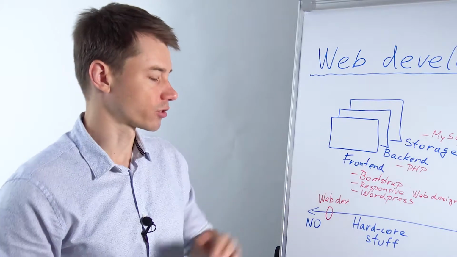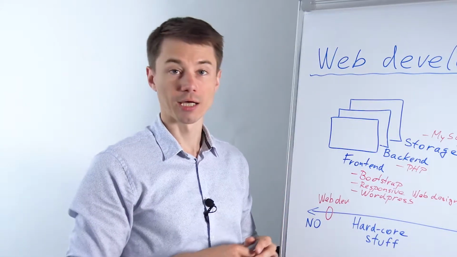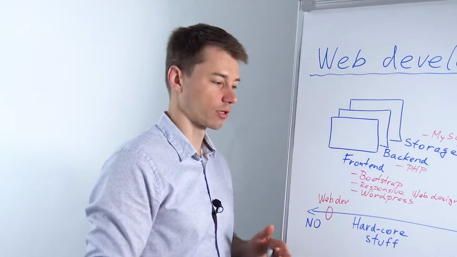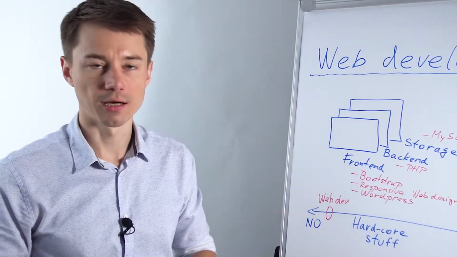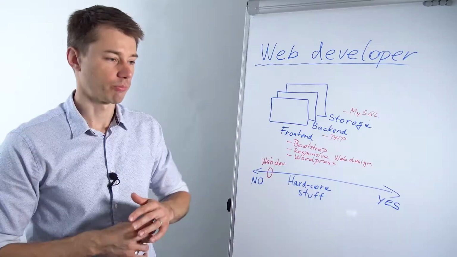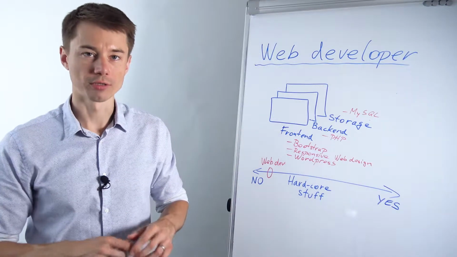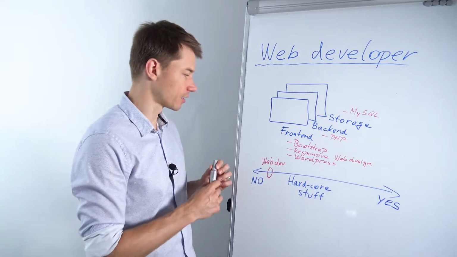And the storage, simple storage for websites, is MySQL. It's a relational database usually used for websites. It also could be MongoDB, but I would say MySQL is a good old standard in this case.